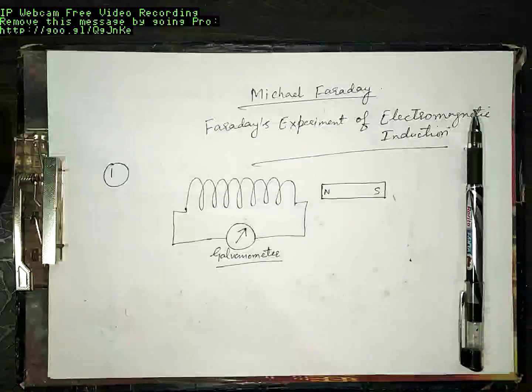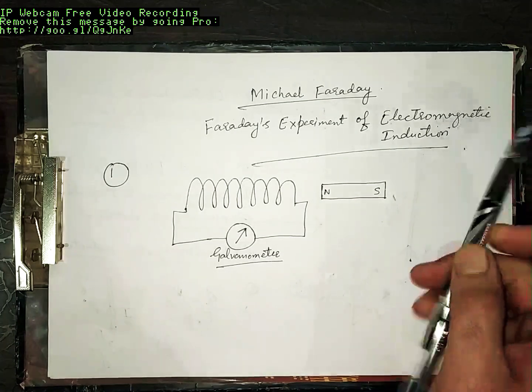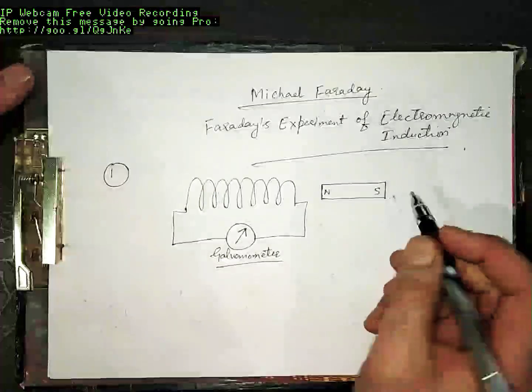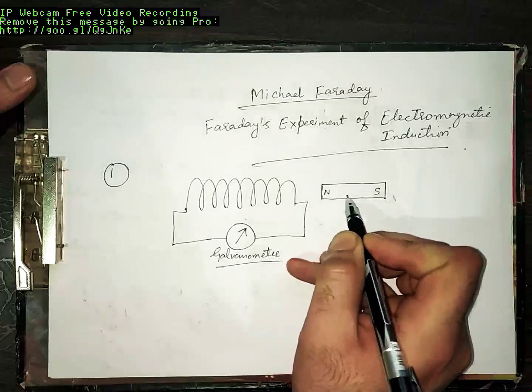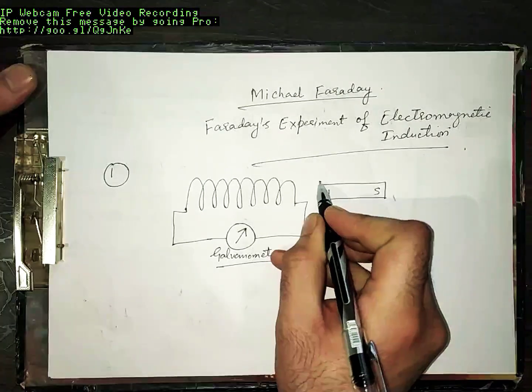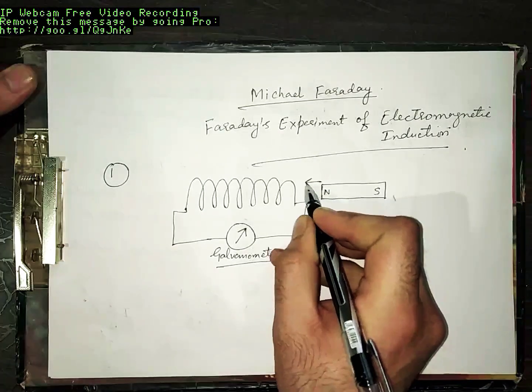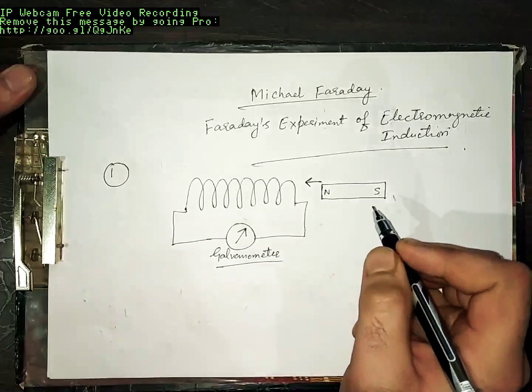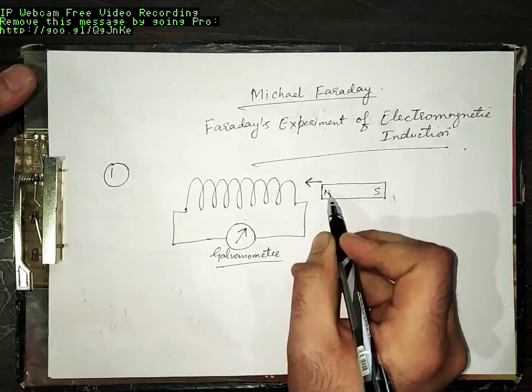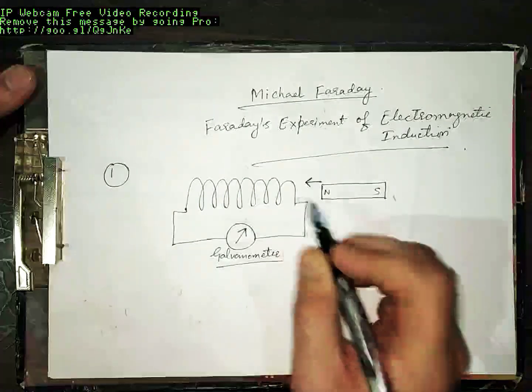What was found? Faraday's experiment showed that when Faraday moved this magnet towards the coil, whenever this bar magnet was pushed towards the coil, this galvanometer showed deflection.